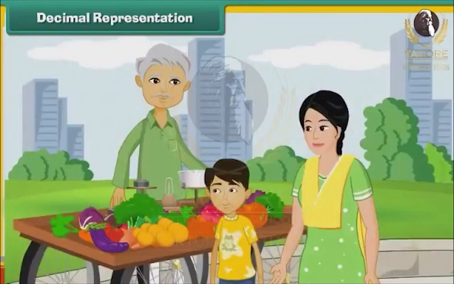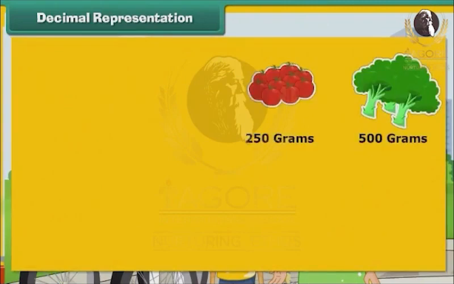Akshay accompanied his mother to the vegetable market. There, he saw his mother buy 250 grams and 500 grams of different vegetables. He wanted to express the quantities purchased as kilograms.